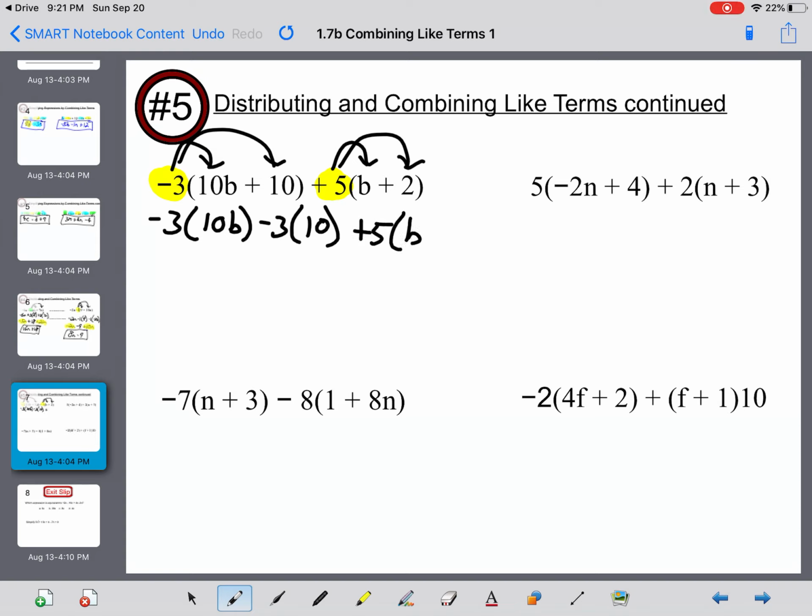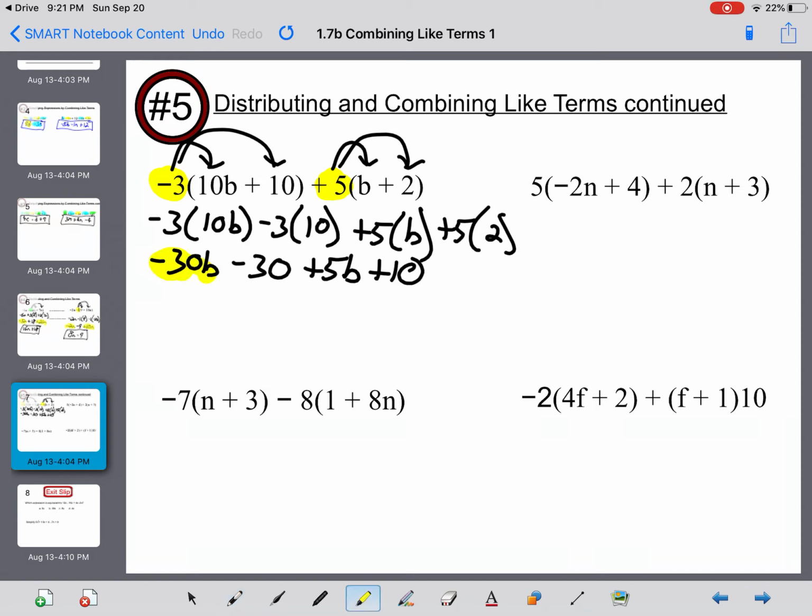Then on the back side, we have positive 5 times b and positive 5 times 2. Negative 3 times 10b makes negative 30b. Negative 3 times 10 makes negative 30. 5 times b makes positive 5b. And 5 times 2 makes 10.